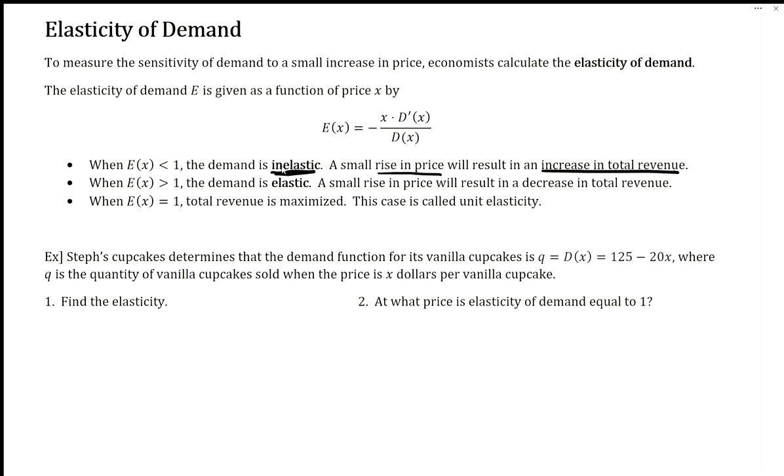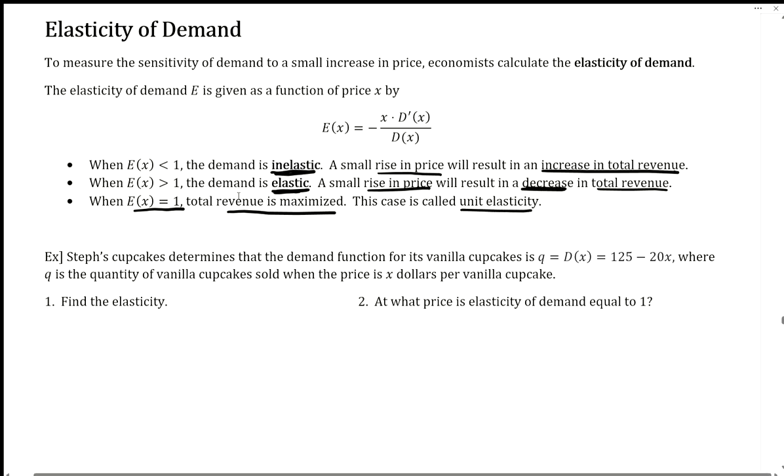Whereas if it's greater than 1, we say the demand is elastic, which means a small rise in price will result in a decrease in total revenue. And if it equals 1 right on, then the total revenue is maximized, and that's called unit elasticity. So all that vocabulary comes with it. Let's see how it works.